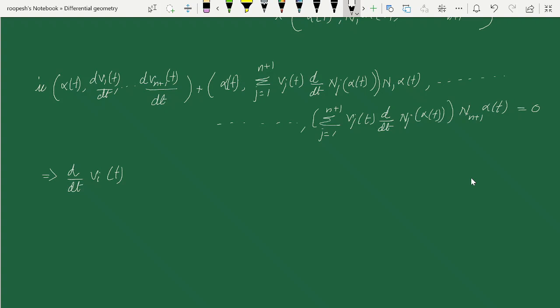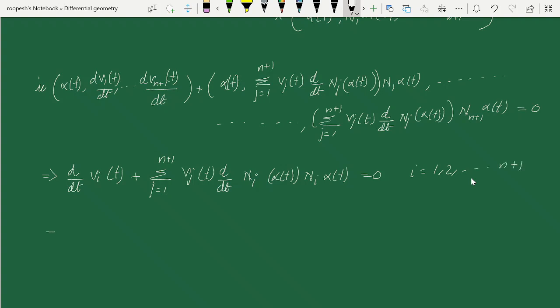We are taking one common term, or we can say one general term, from this expression, that is vi of t plus sigma j equal to 1 to n plus 1 vj of t into d by dt of nj of alpha of t, into ni of alpha of t is equal to 0 for i equal to 1, 2, etc. up to n plus 1.